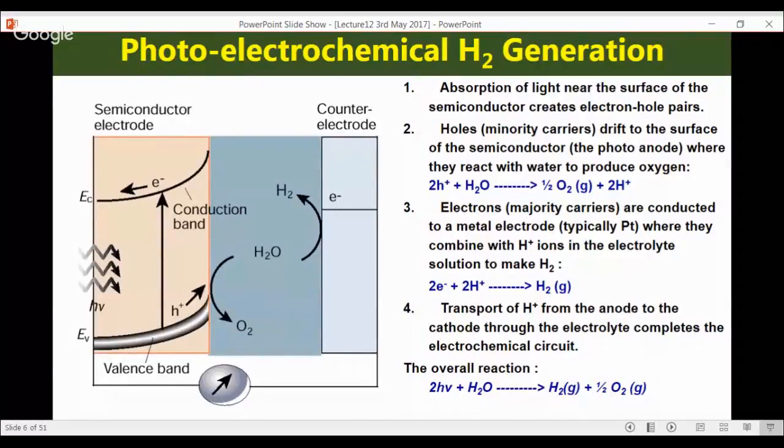Electrons, majority carriers, are conducted to a metal electrode, typically platinum, or counter electrode, where they combine with the H+ ions in the electrolyte solution to make H2. Transport of H+ from the anode to the cathode through the electrolyte completes the electrochemical circuit. The reaction is two photons plus water giving rise to H2 plus O2.